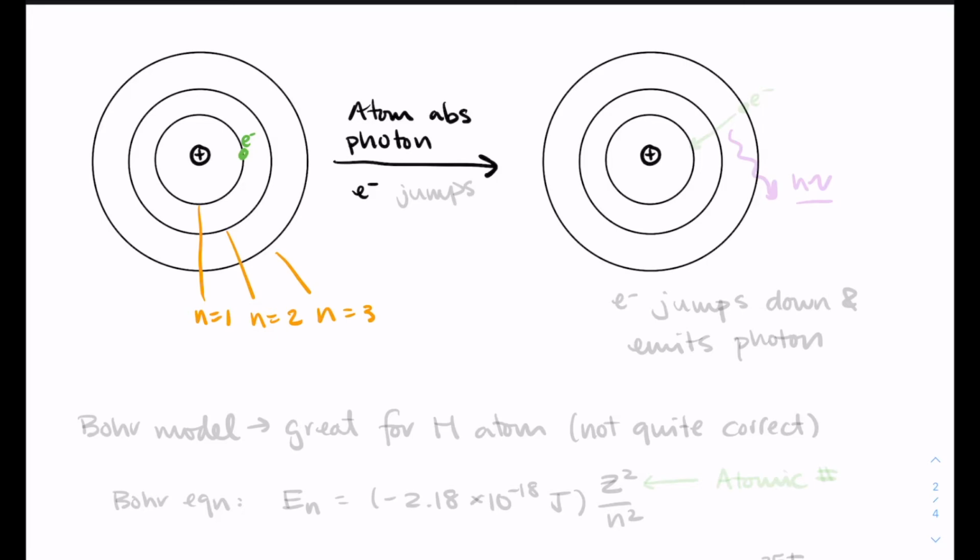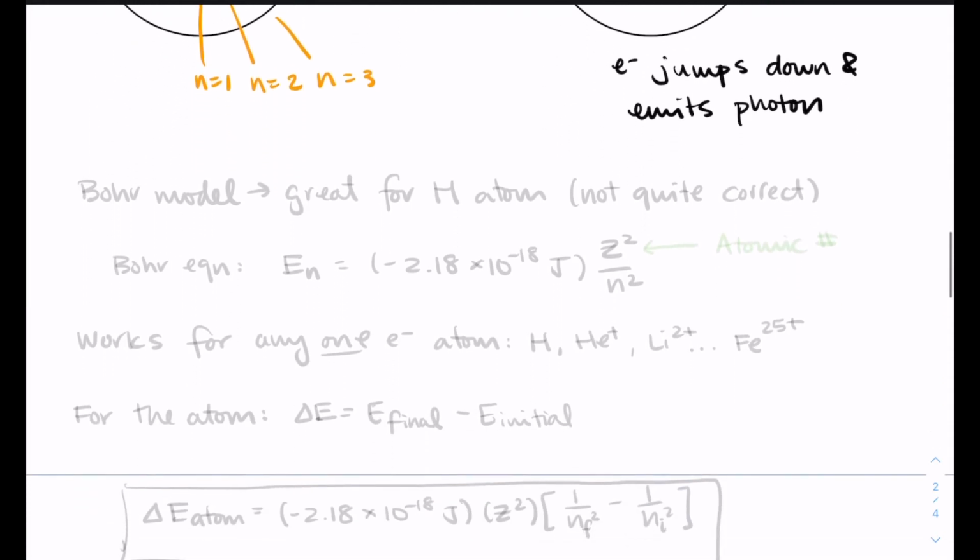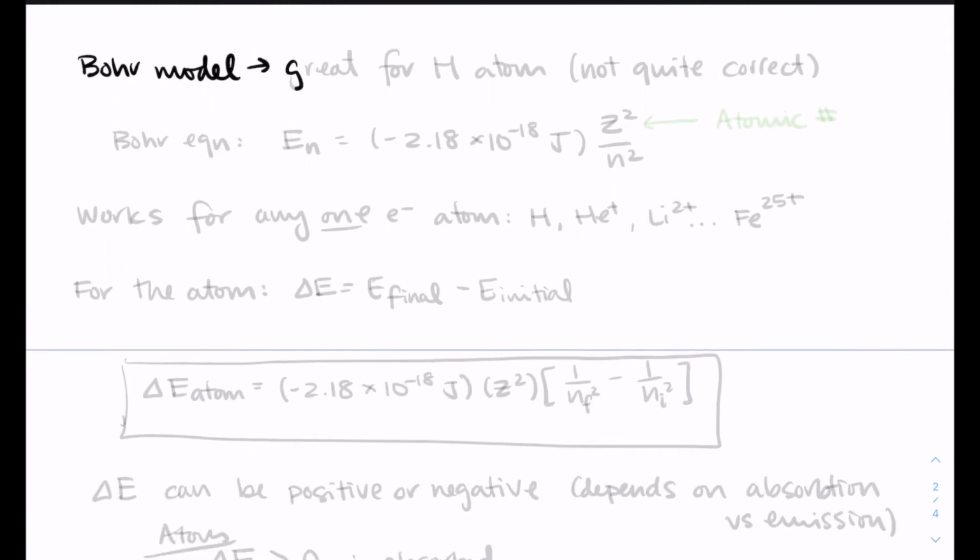What would happen is that my atom would absorb a photon. That increase in energy would be used so the electron could jump up to, say, n equals 3. That's what I have shown in the picture on the right, my electron now in the n equals 3 level. And then the electron can jump back down, and in the process, it emits a photon.